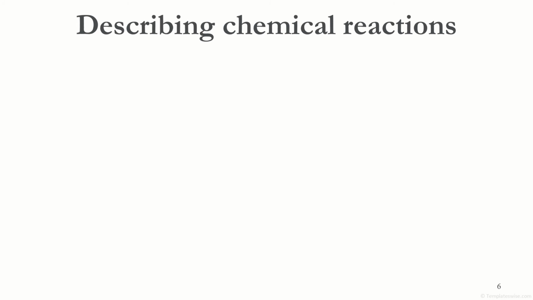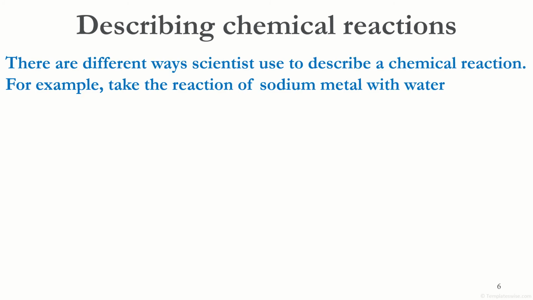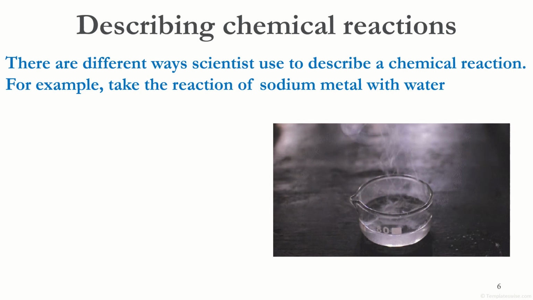Alright, so the next bit is obviously to try and describe a chemical reaction. So there are different ways scientists use to describe chemical reactions. Let's say, for example, the reaction of sodium metal with water. Okay, so if we look at this reaction, we can see a couple of things.